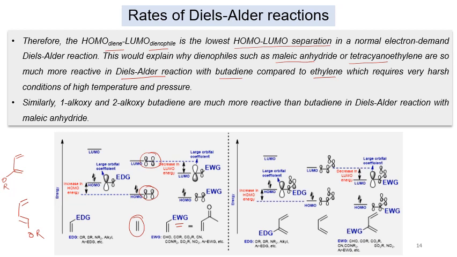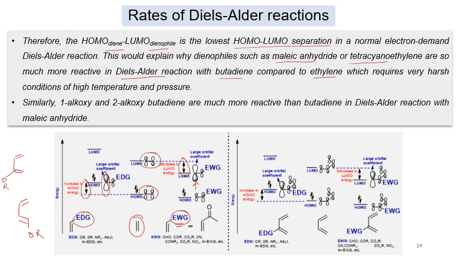Whereas if you have an electron withdrawing group on the dienophile, then the largest orbital coefficient is at this particular position, and there is a lowering of the LUMO. Whereas if you have an electron donating group, obviously the HOMO is raised and the largest coefficient again now becomes on the terminal carbon.